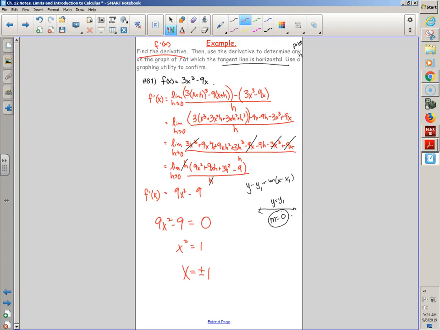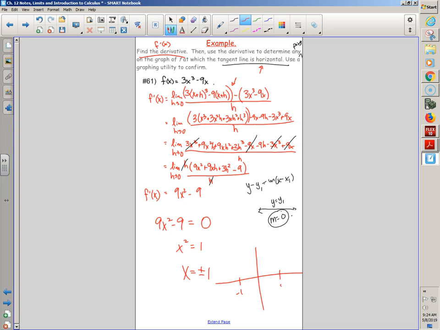Wait a minute, horizontal tangents. Don't I know the end behavior of any cubic function, as long as the leading coefficient is positive? It goes down that way and up that way. Then didn't we just figure out, using calculus, that at negative 1 and at positive 1, when we set the derivative equal to 0, can't I plug in negative 1 and figure out what this is going to be?